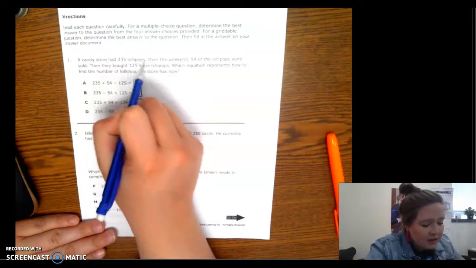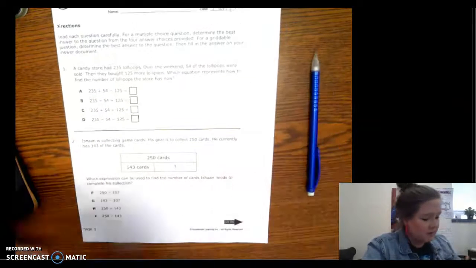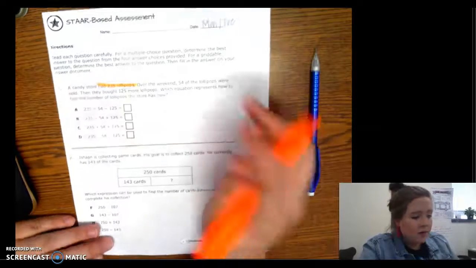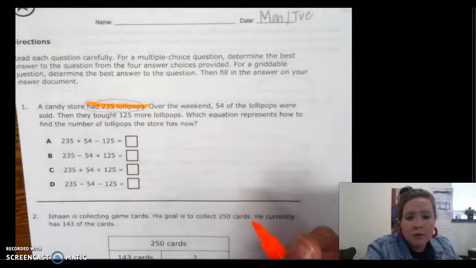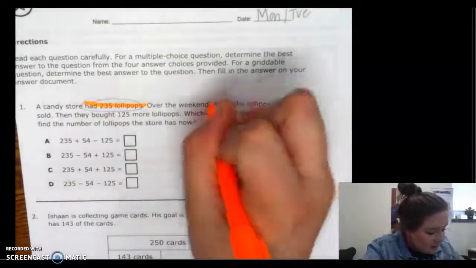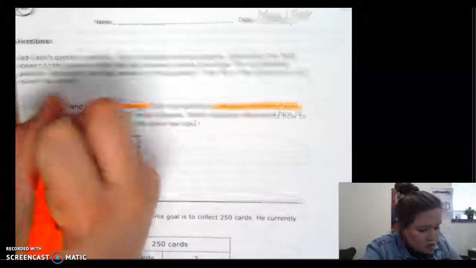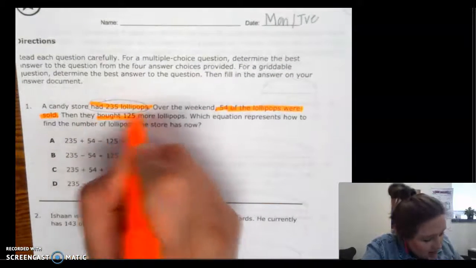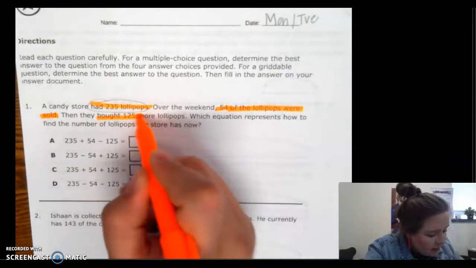So they had 235 lollipops. Over the weekend, 54 of the lollipops were sold. Then they bought 125 more lollipops.